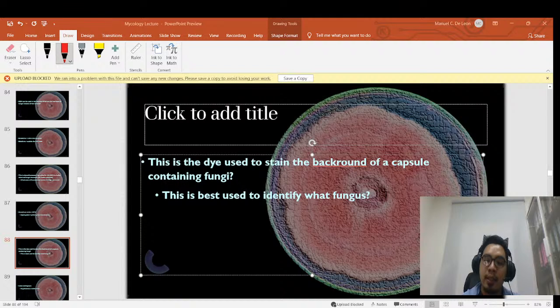Examples are Streptococcus pneumoniae, Haemophilus influenzae, and Neisseria meningitidis. These are organisms with capsules. Please be mindful of them because this is not the first time you will encounter them.